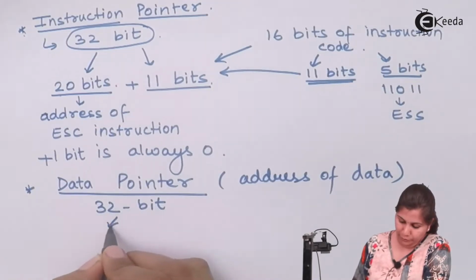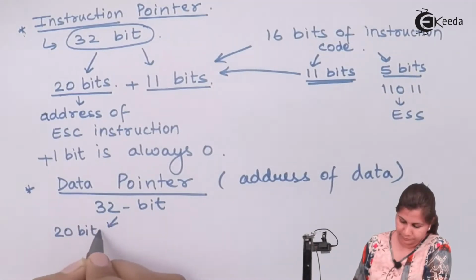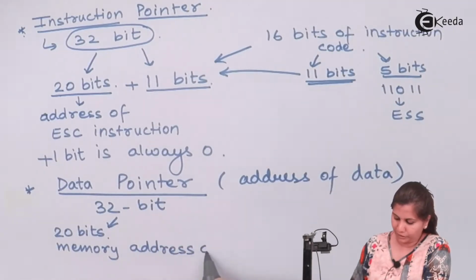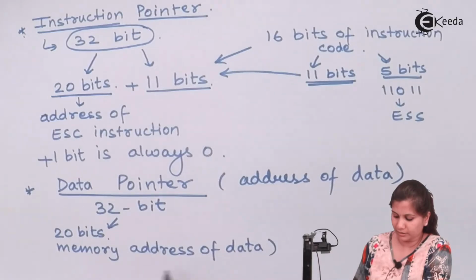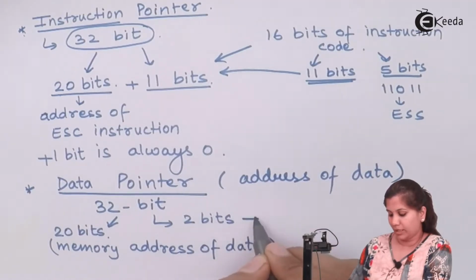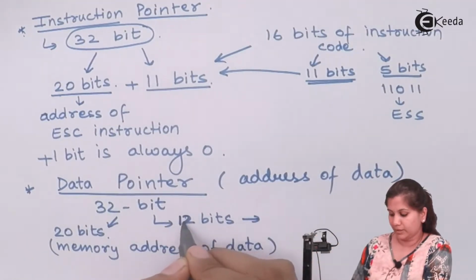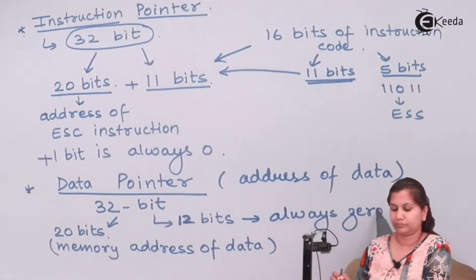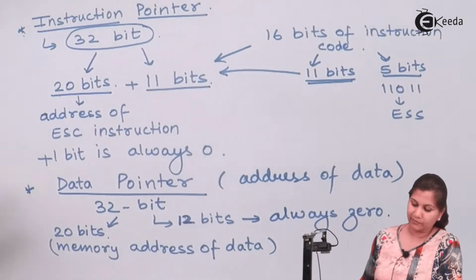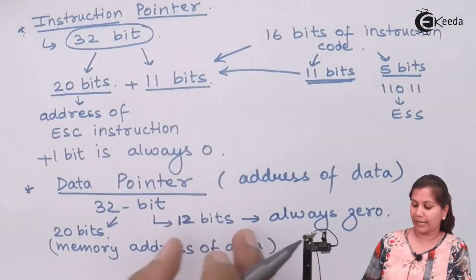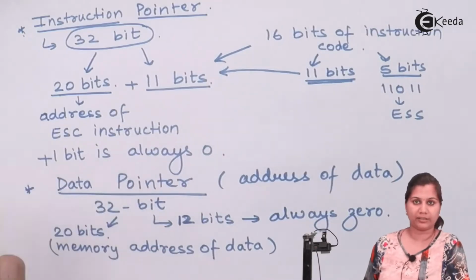Out of these 32 bits, 20 bits are the memory address of data, meaning the actual data address, and the remaining 12 bits are always 0. So just like this, we have two pointers, the instruction pointer and the data pointer, which are of 32 bits, and how these 32 bits are defined we have studied here.